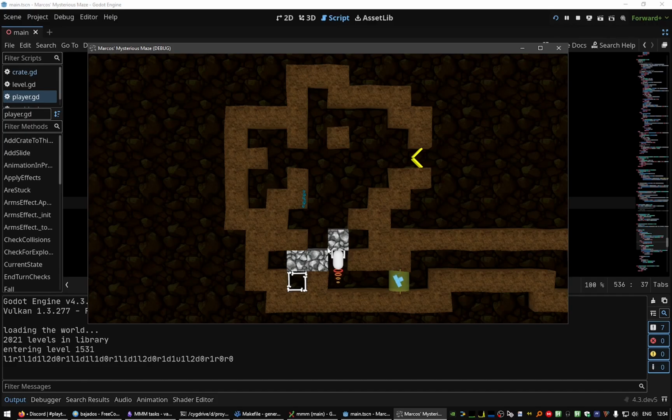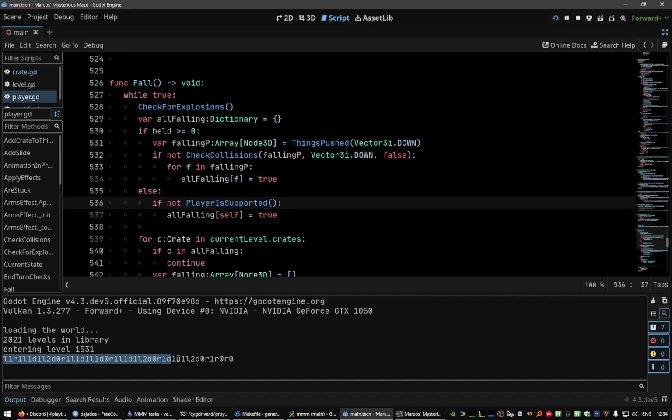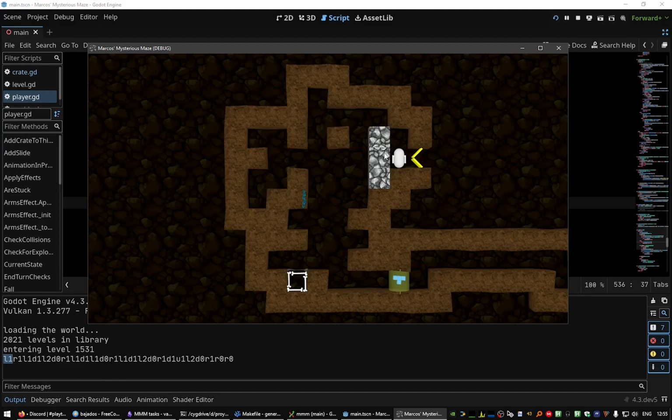And I found a way to better calculate that difference. For example, if you see this solution, the solution gives the direction and the number of crates that moved in that step. In this case, the L1 is left and one crate moved.